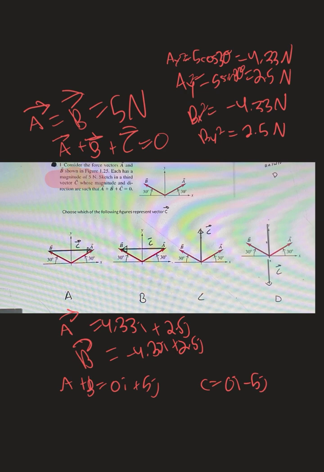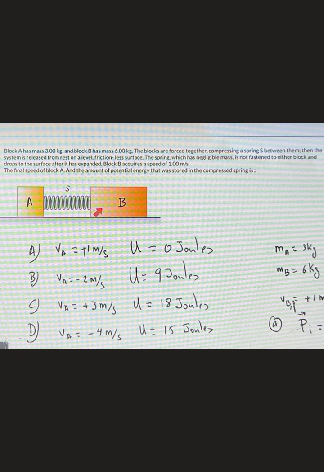So we get C equal to negative 5 j, which is going to equal us to 5 newtons because this is the magnitude, right? So the direction of it is below the horizontal, and the only one that's below the horizontal is this one right here.